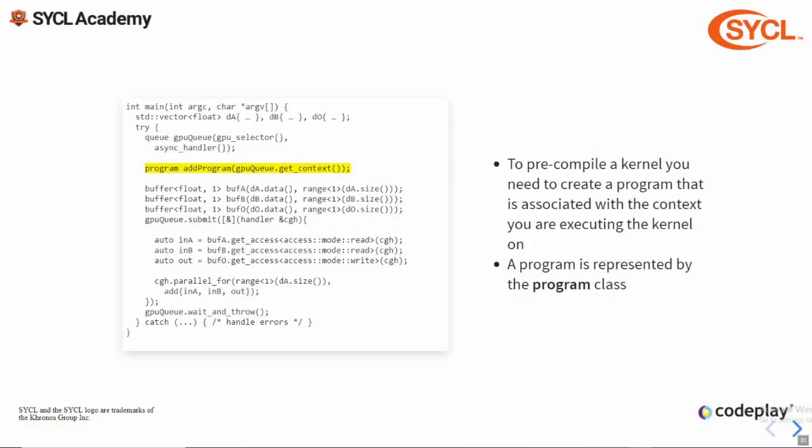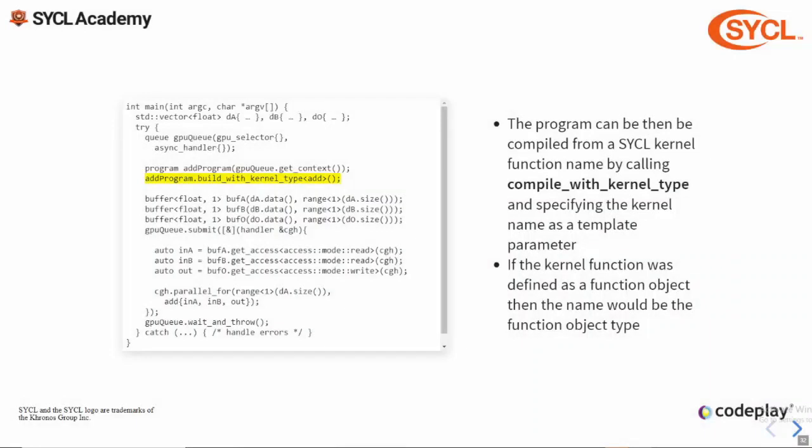Here we have a simple application that we've seen before, and we're going to modify it to precompile the kernel in it. To do this, the first thing we have to do is create a program object. Constructing a program object requires you to specify the context which you're compiling for. In this case, we're going to take the context from the queue that we enqueue the kernel to. Next, we need to compile the binary that contains the kernel.